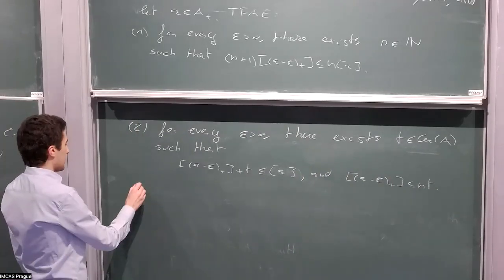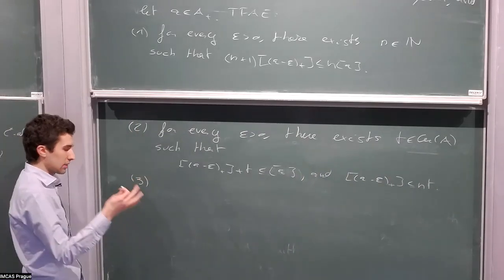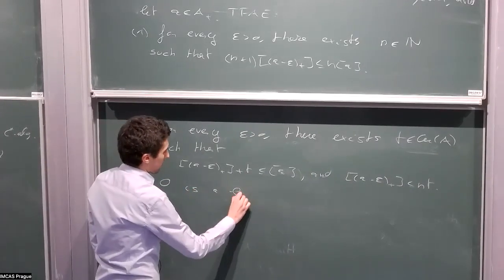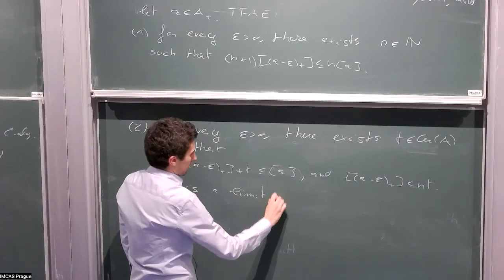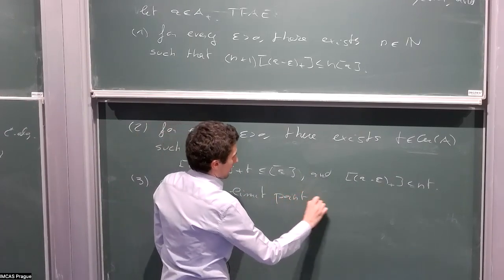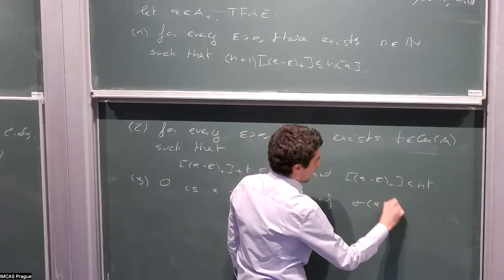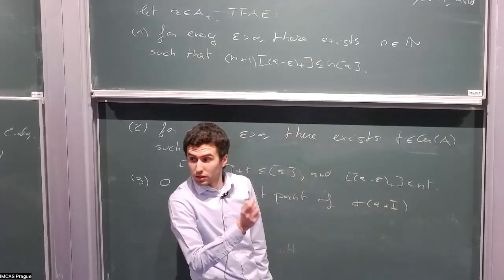And then another thing that's equivalent, and this is in C*-algebraic terms, is that 0 is a limit point of the spectrum of A in every quotient where this makes sense.